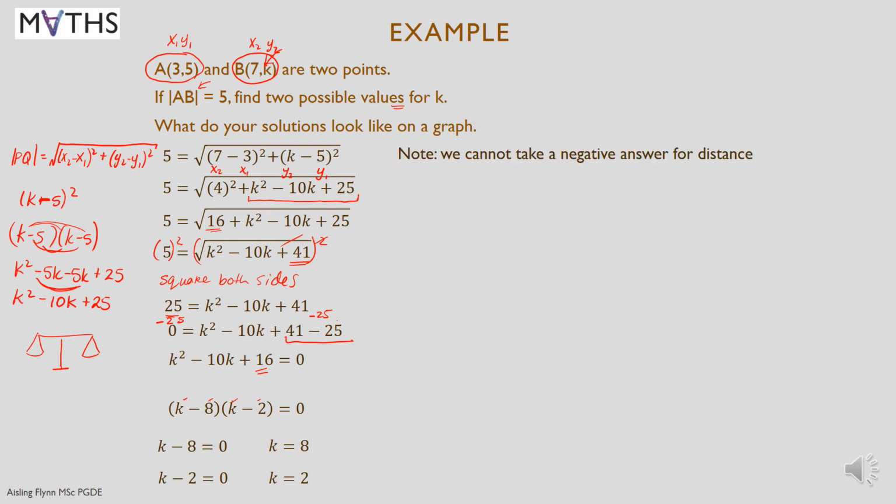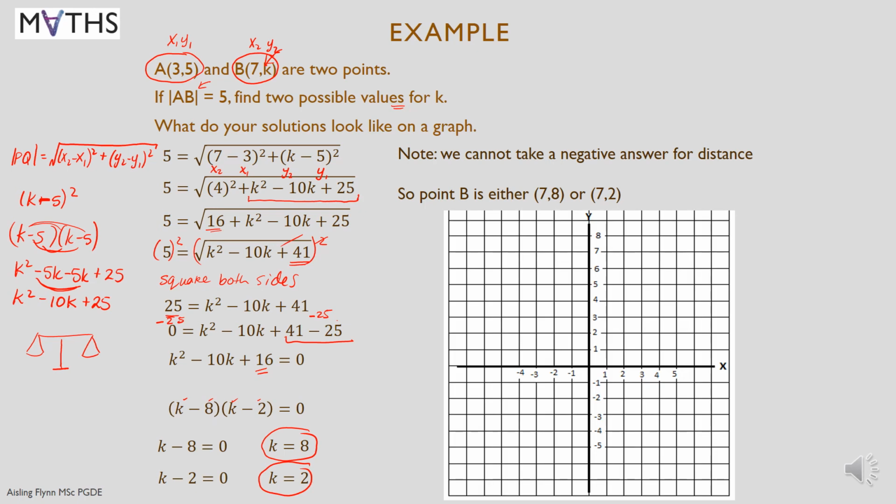Just a note, you can't use a negative answer for distance ever, because you're working with square roots, it won't work. So point B is either 7, 8, or 7, 2. We're asked to show these solutions on a graph.